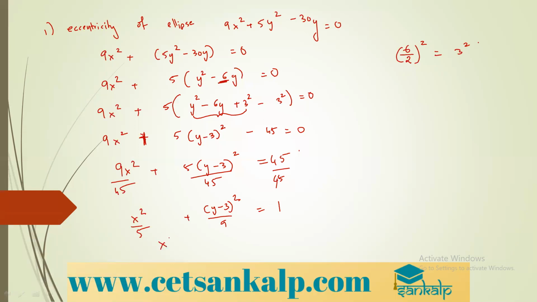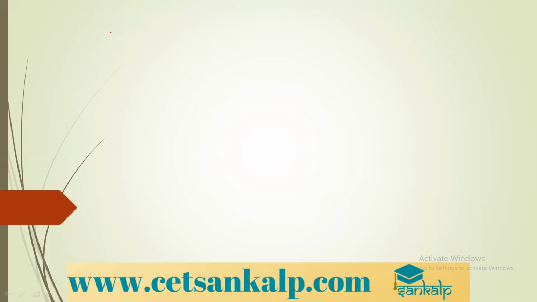It is looking like x square by a square plus y square by b square equal to 1, where x is x minus h, x minus 0, and Y is y minus 3. In such case, I can take a square as 5 and b square as 9. Because a square is 5 and b square is 9, you can see a is less than b. So this is the second type of ellipse.